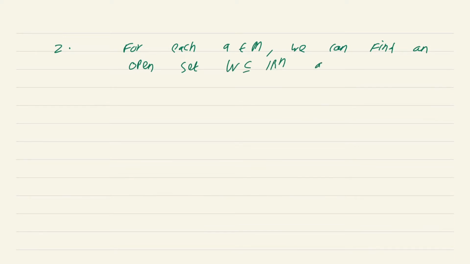So for each a in M, we can find an open set W subset of Rn and a CK smooth map, let's say G from W to R. So this is going to be a somewhat more general thing.